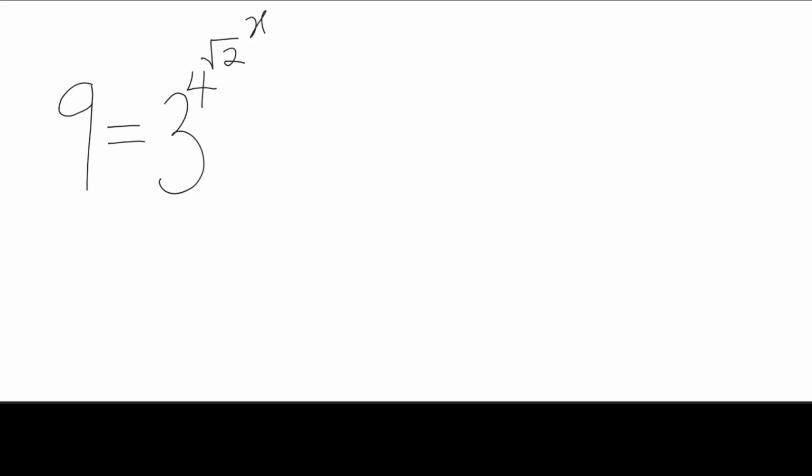Now, I believe we remember the law that says when we have a to the power b equals a to the power c, when the bases, which are a here and a here, are equal, it means we stop working with the base and we start working with the power.